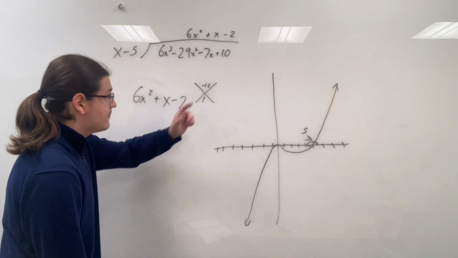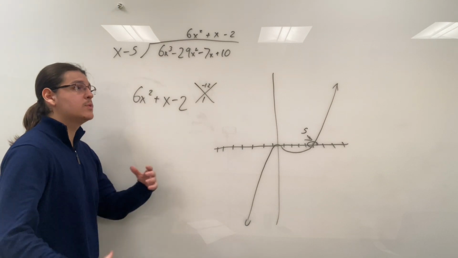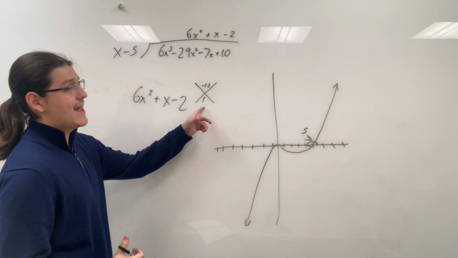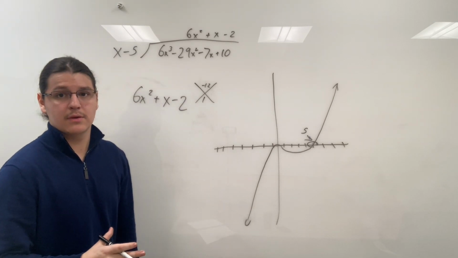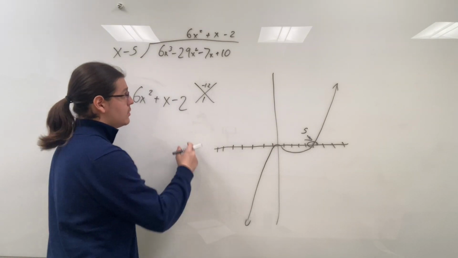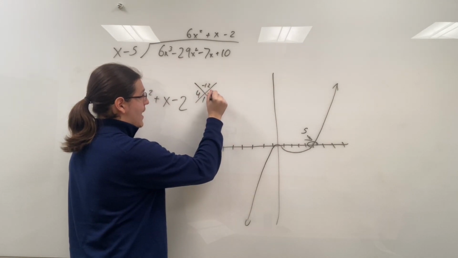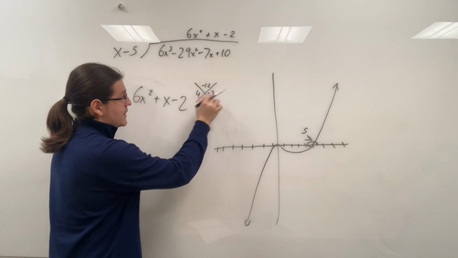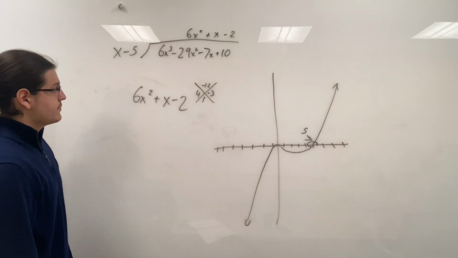So when you saw that, you should have thought 4 and 3, period. Now how can we change 4 and 3 around to end up being 1? We could do 4 minus 3 is equal to 1. So we get 4 and minus 3. 4 minus 3 is 1. 4 times minus 3 is minus 12.